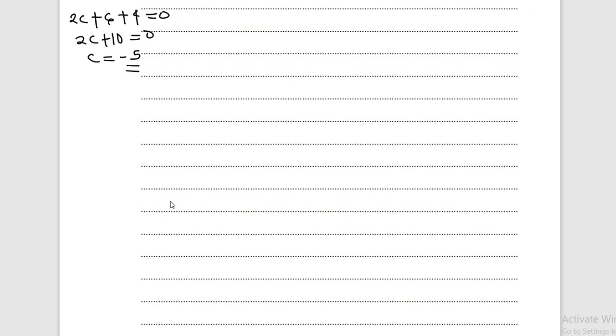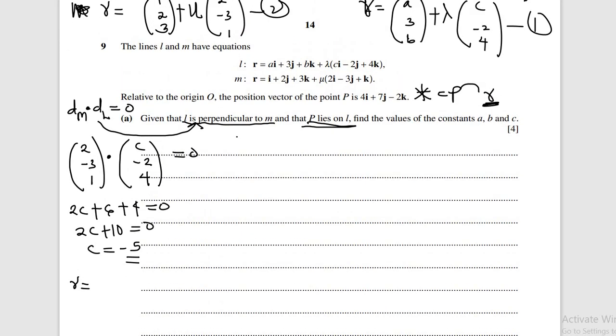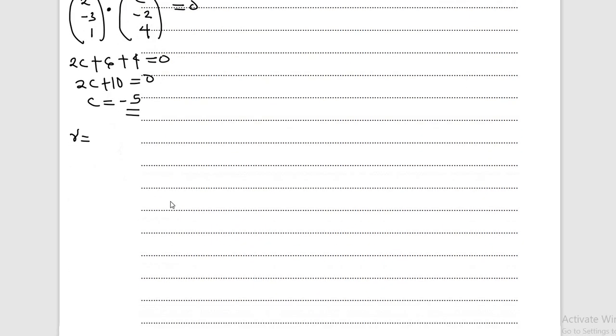So this is L. What's our L? Our L is R equal, I need to write it. Is it 1, 2, 3? Let me check it. What's my L? No, this is M, 1, 2, 3. L is A, 3, B. Okay.